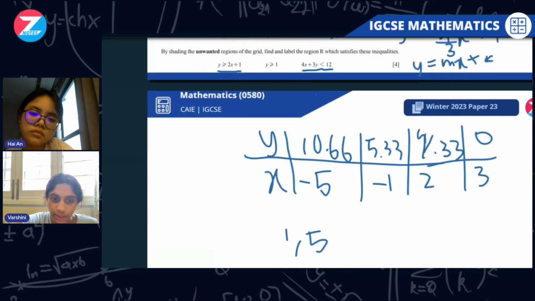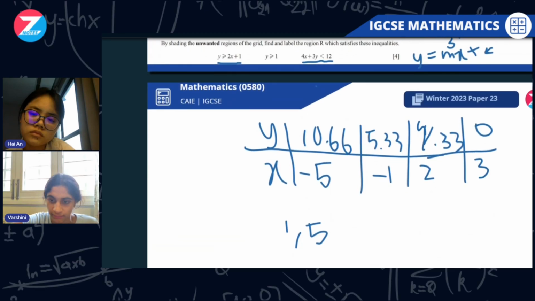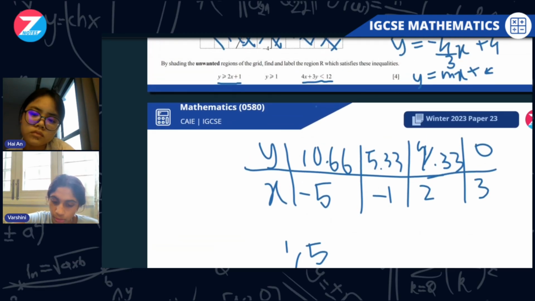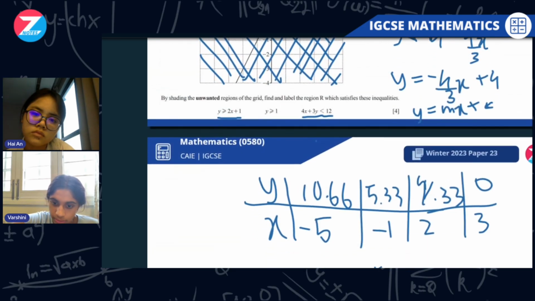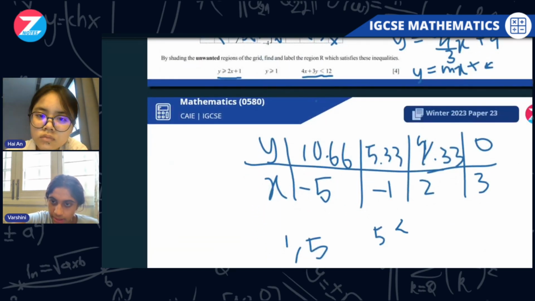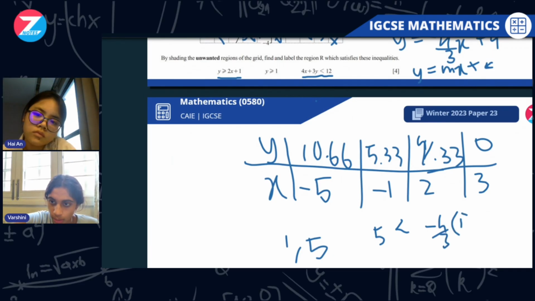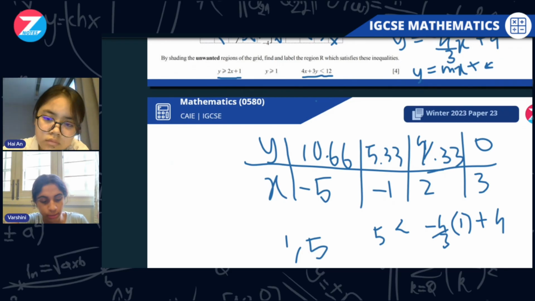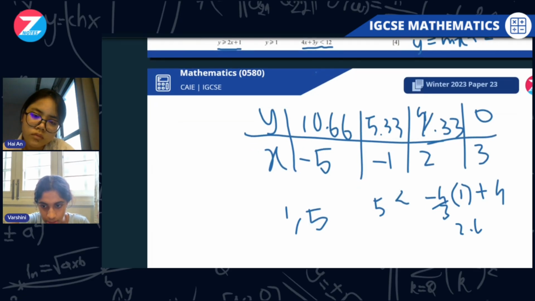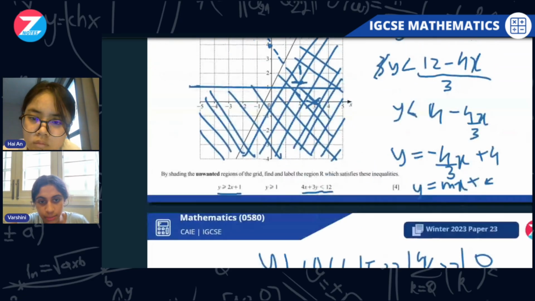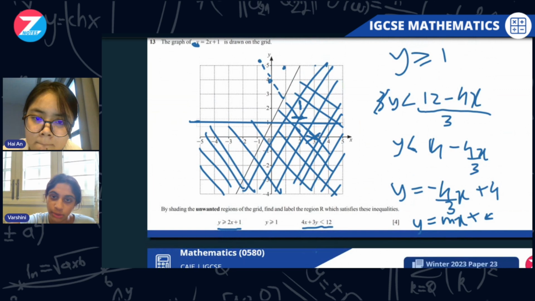Okay, so now let's substitute 1 and 5 into our equation. So is 5 smaller than minus 4 by 3 into 1 plus 4? If we do minus 4 by 3 into 1 plus 4, we should get 2.66, and we know that 5 is smaller.